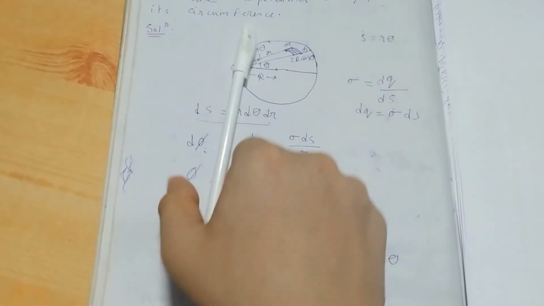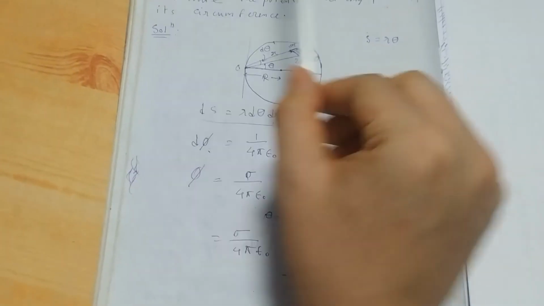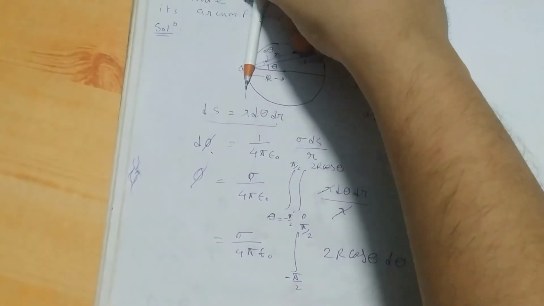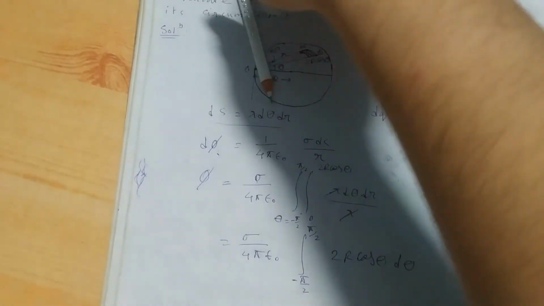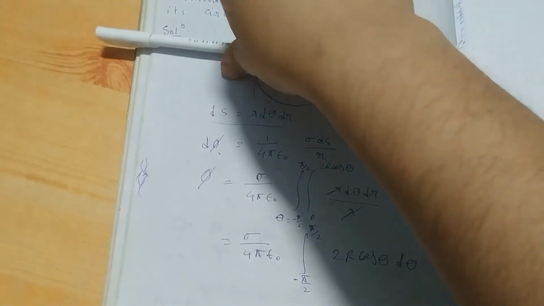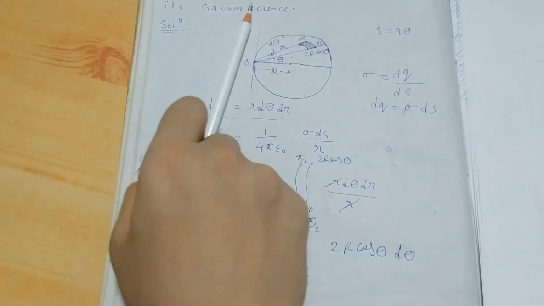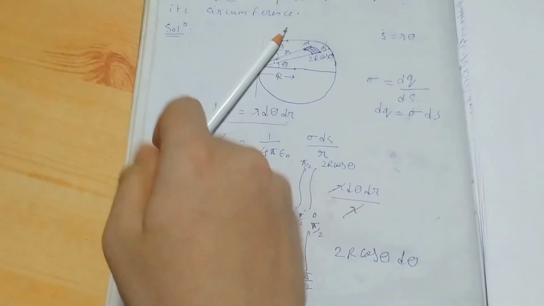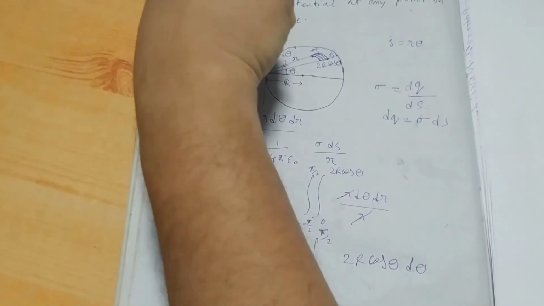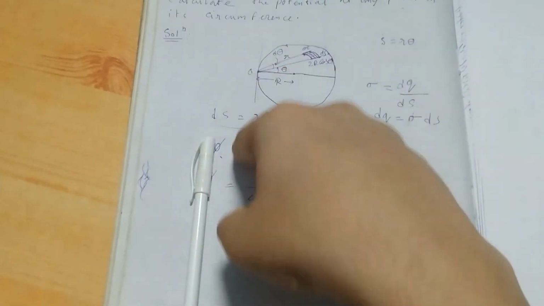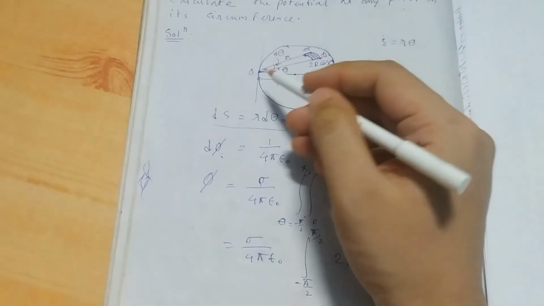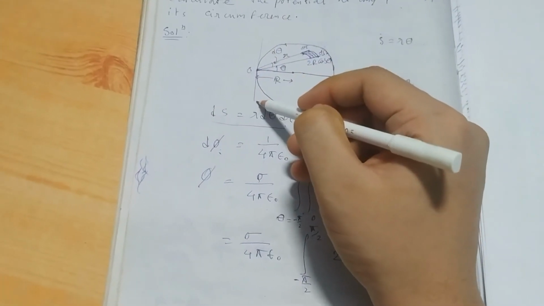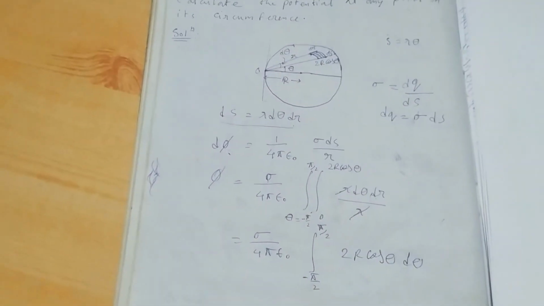So starting from this region, it is rotating to cover the whole disk. So the limit will be minus pi by 2 to plus pi by 2.